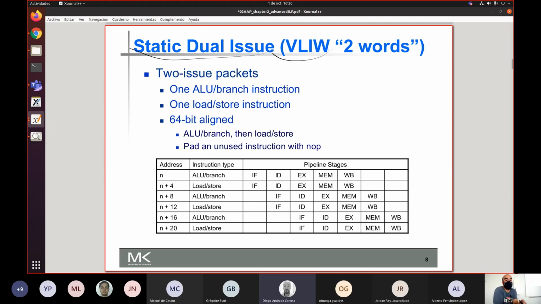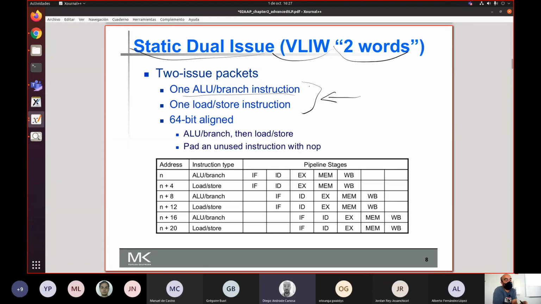And there is an important restriction here, and it is that one instruction can be a branch instruction or an arithmetic logic instruction, and the other one has to be a memory load or store instruction.